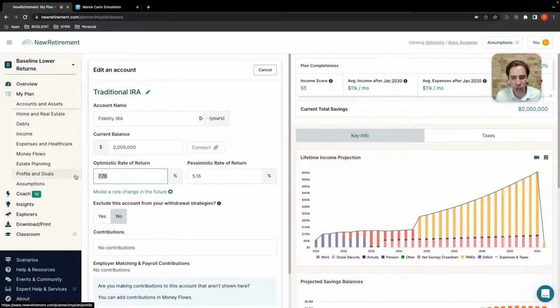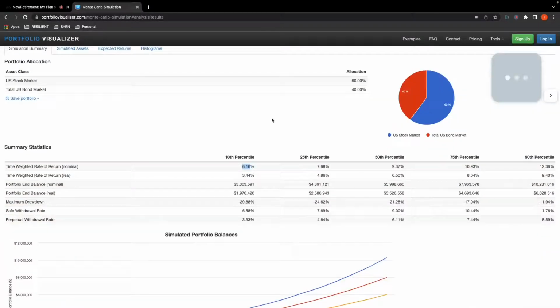If you're not sure what to plug into these boxes, this is just one way that you can take historical data and Monte Carlo simulations based on specific asset allocations that's close to your specific asset allocation, and actually grab good numbers to then plug into the new retirement program.